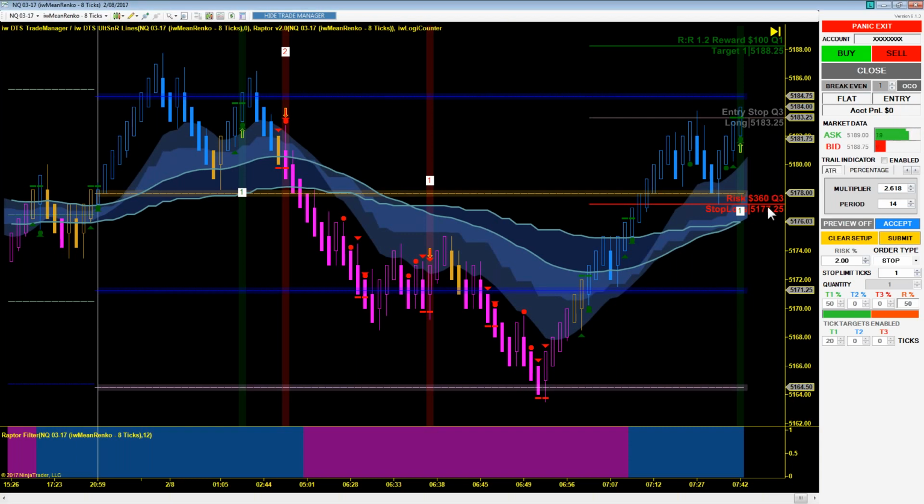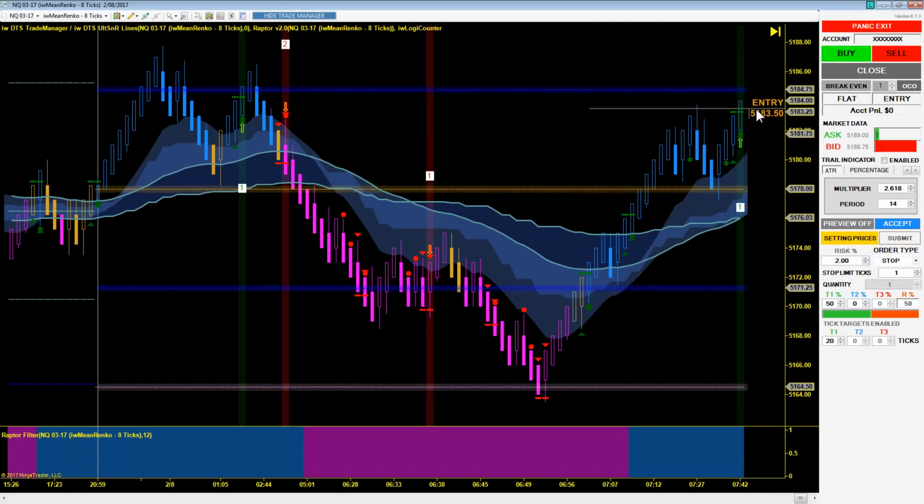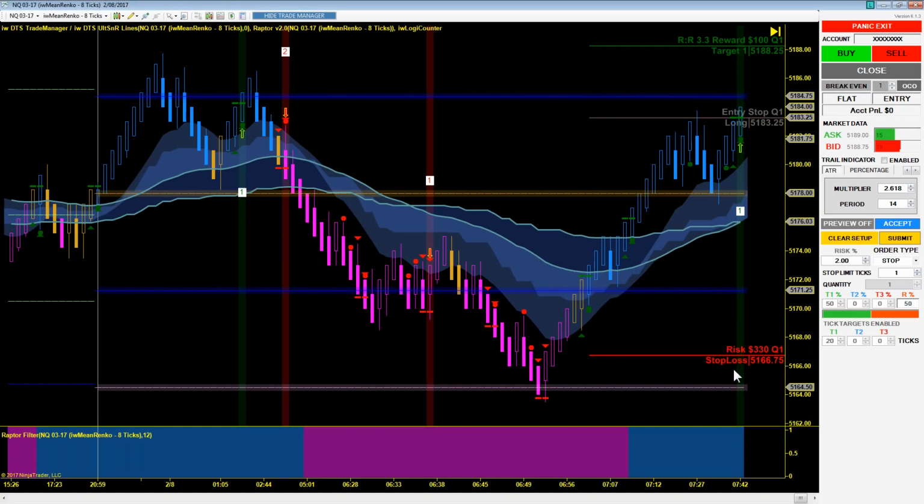Now you can see there's a little bit of rounding going on here, but you'll notice that in this trade, I have 3 contracts in play. If I choose to run a more liberal stop, say something down here, the risk amount doesn't really change, but now I only have 1 contract in play.